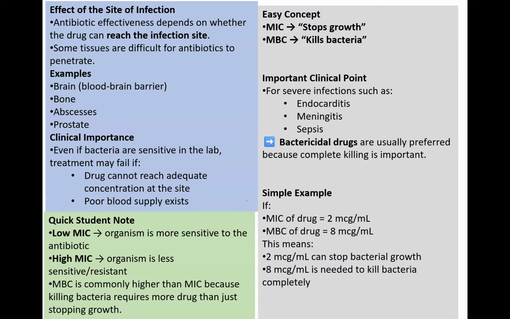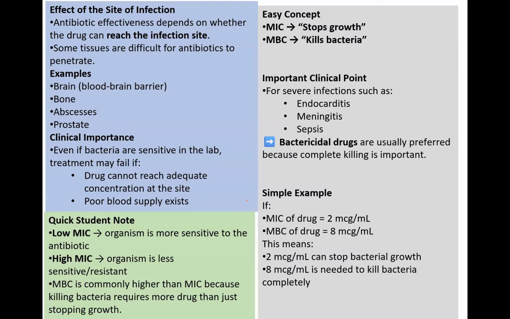Why is it? Because there can be poor blood flow to these sites. We have certain areas in the body which are highly vascularized, like kidney and liver. Brain is highly vascularized, but still, due to the blood-brain barrier, it does not have this property.